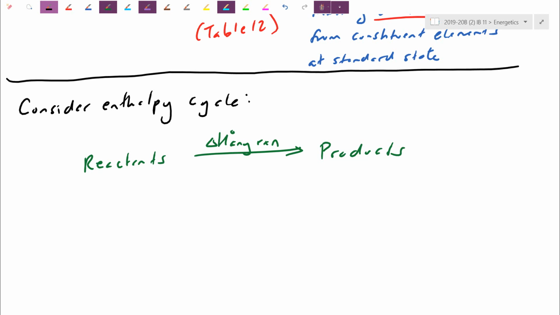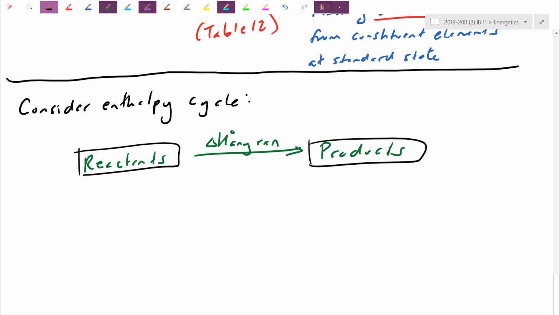I'm going to create a pathway to get you from the same start and the same finish, but the pathway is actually going to utilize formations. It is possible that the top arrow here itself is also formation, but we're going to find that using this formation detour for a formation equation doesn't work. So it's best, in the way I set it up here, I'm just going to emphasize this delta H here is any reaction. It's best that it's not formation.